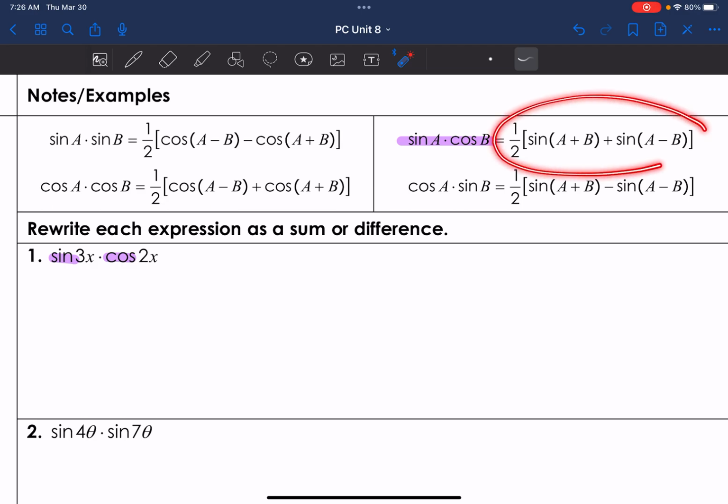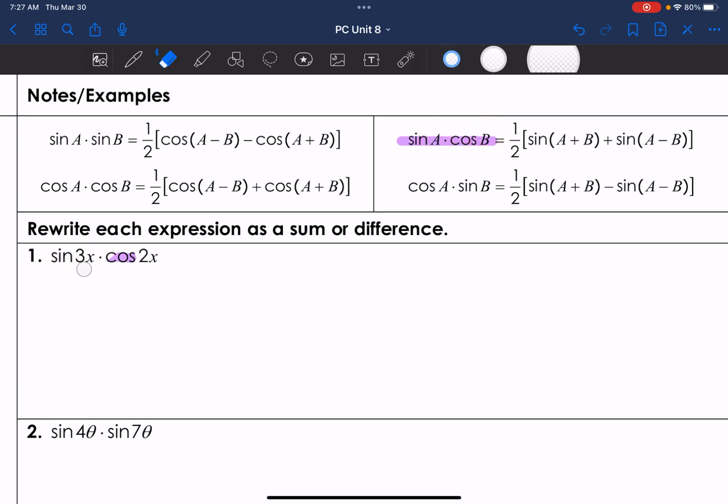And we have this pattern that we're going to follow. So the first angle would be A and the second angle is B. So for us, that 3x is going to be A and that 2x is going to be B. Other than that, we're just going to follow this pattern here.